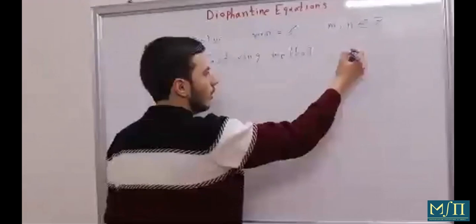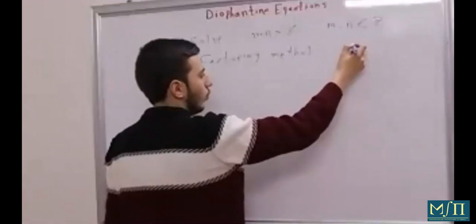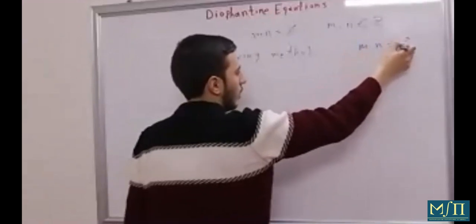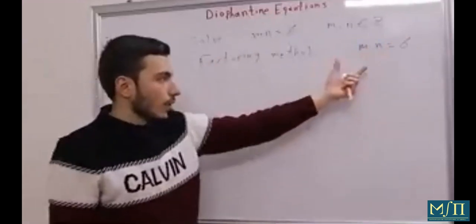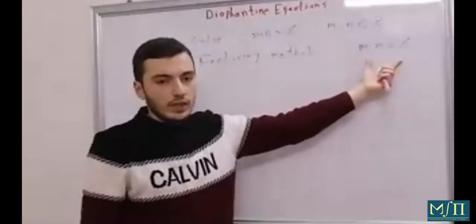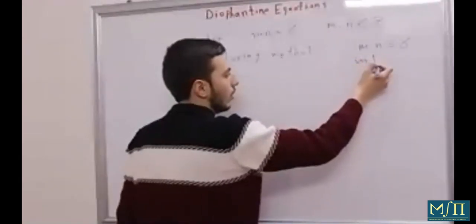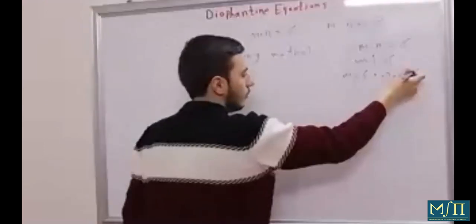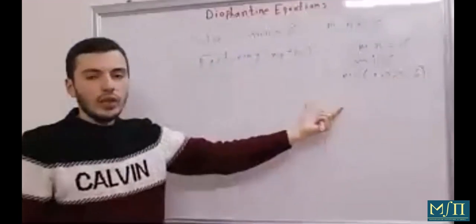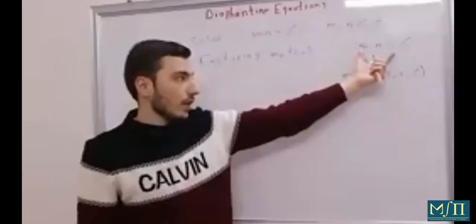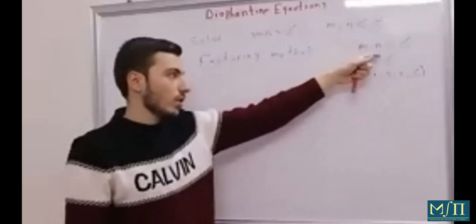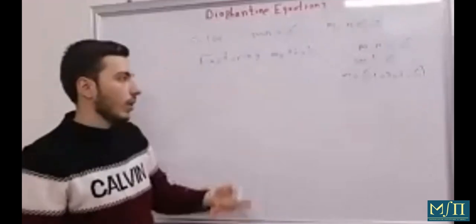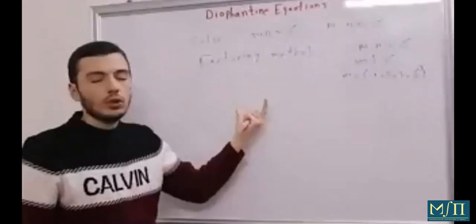If you have an equation and you can write it in this form, m times n equals 6, now you can just discuss the divisors of 6. Since m divides 6, we have that m is 1, 2, 3, or 6. So if we can factor the left-hand side and the right-hand side is an integer, we can simply discuss the divisors of this integer. That's the idea of the factoring method, and we'll be discussing the factoring method in this session.